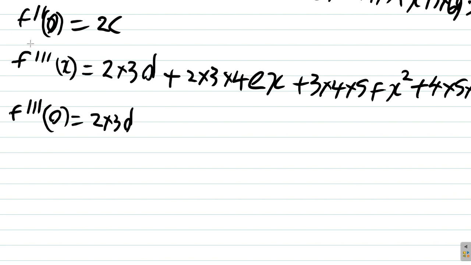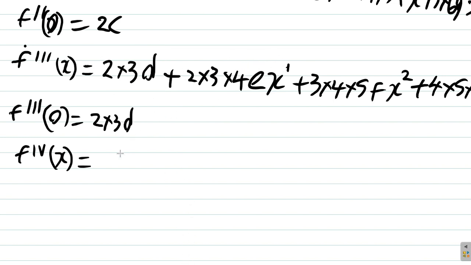Now, let's see how we can get e. Differentiate again, because this is x to the 1. And when we multiply by the power, and then get the new power by minusing 1, we're going to get x to the 0. And x to the 0 is 1. So let's find f4 prime of x, the fourth derivative. This is a constant, 2 by 3 by d. So that will go to 0.